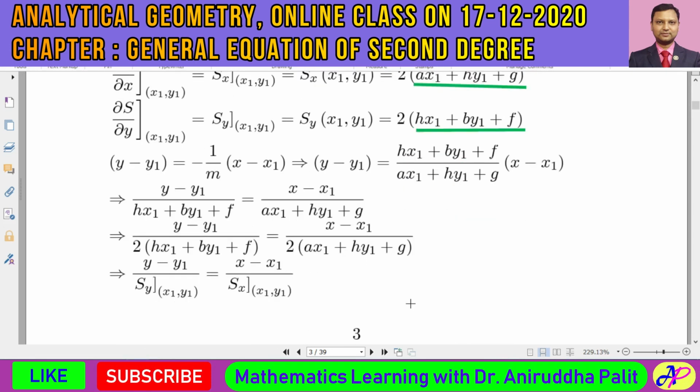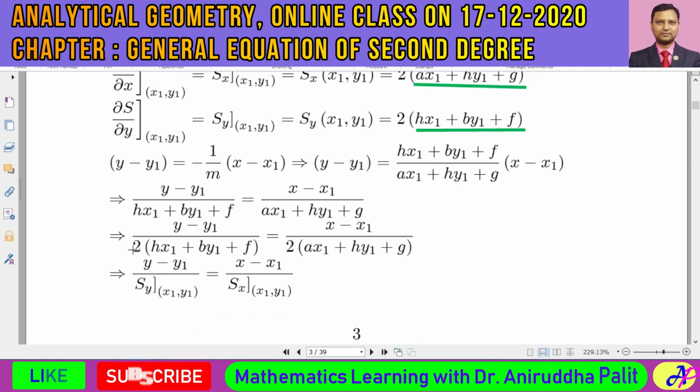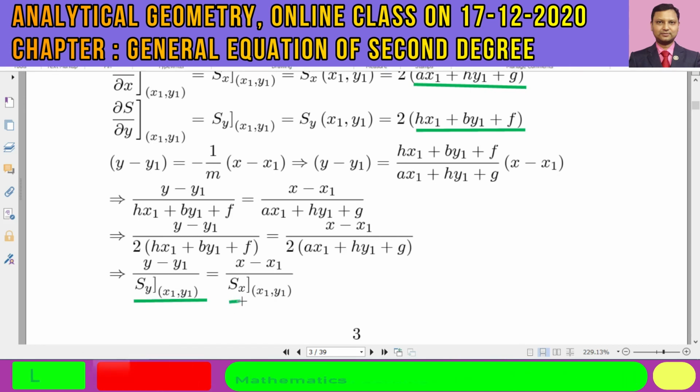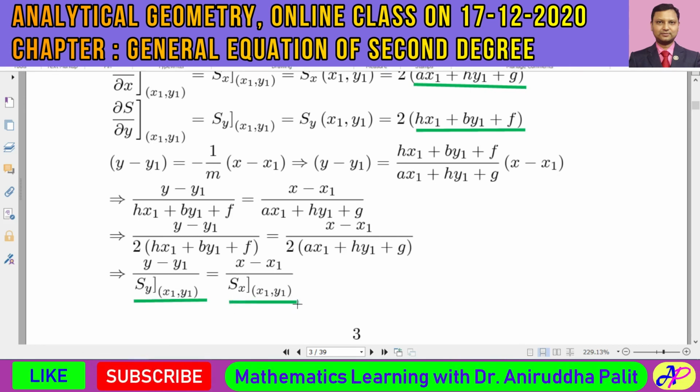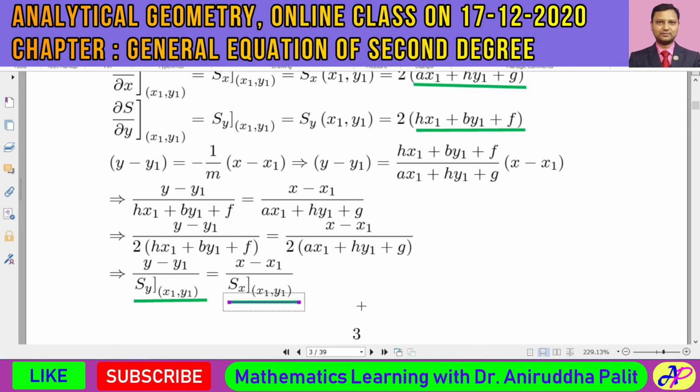Multiply these denominators by 2, then you will find that this denominator is the partial derivative of S with respect to y at the point x1 y1. Similarly, x minus x1 is divided by the partial derivative of S with respect to x at the point x1 y1.